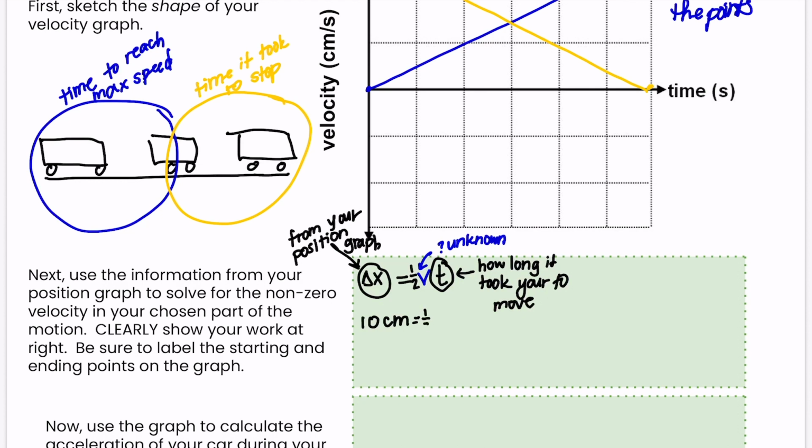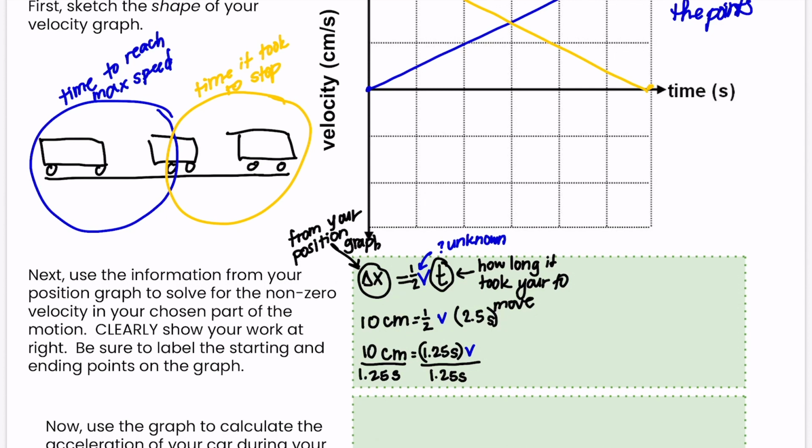So 1/2 times the velocity times the time of 2.5 seconds. And so we're going to simplify. 2.5 times 1/2, so you're going to take half of 2.5, and you have 10 centimeters is equal to 1.25 seconds times your unknown. And then to get your unknown by itself, you're going to divide by 1.25 seconds.